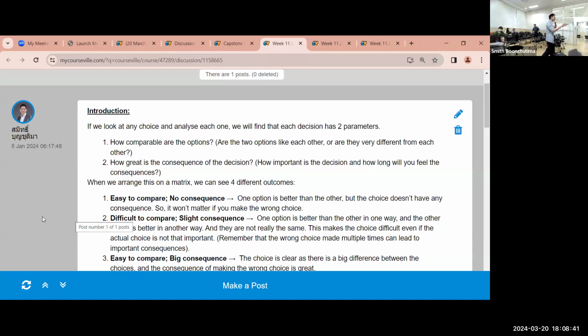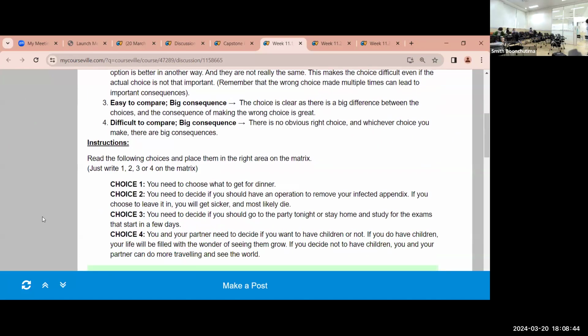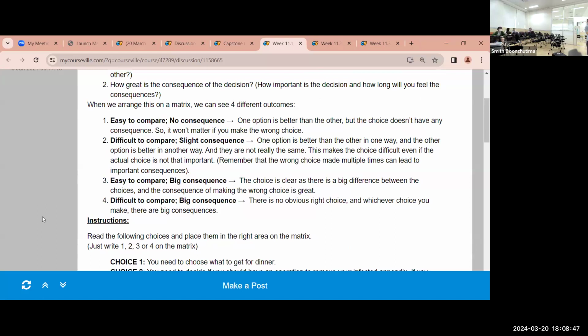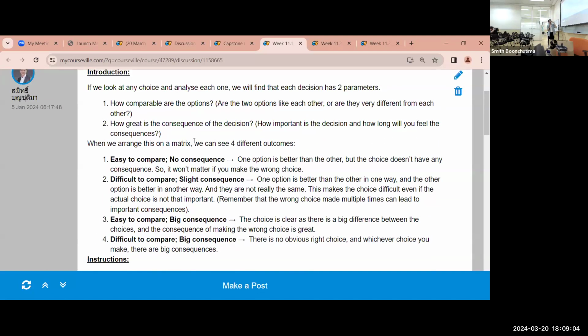All right, okay, let's take a look. So the smart people have made the model into 2 axes, and then it makes the possibilities. In this model, the first possibility is a decision where the things you are comparing are very easy to compare, because it's obvious that one choice is much better than the other, and it has no consequence.